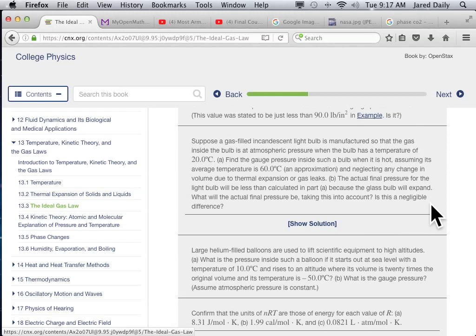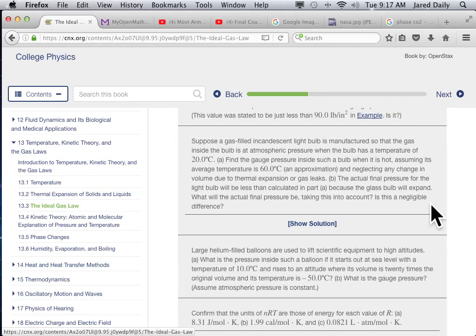What is the pressure inside such a balloon? So again, this is a situation where we have a beginning and an end, and we need to compare the two. That's how it is with most of these problems in this chapter and the next one, where you have one situation and then you change it by heating it up, or changing its pressure, or changing its volume.